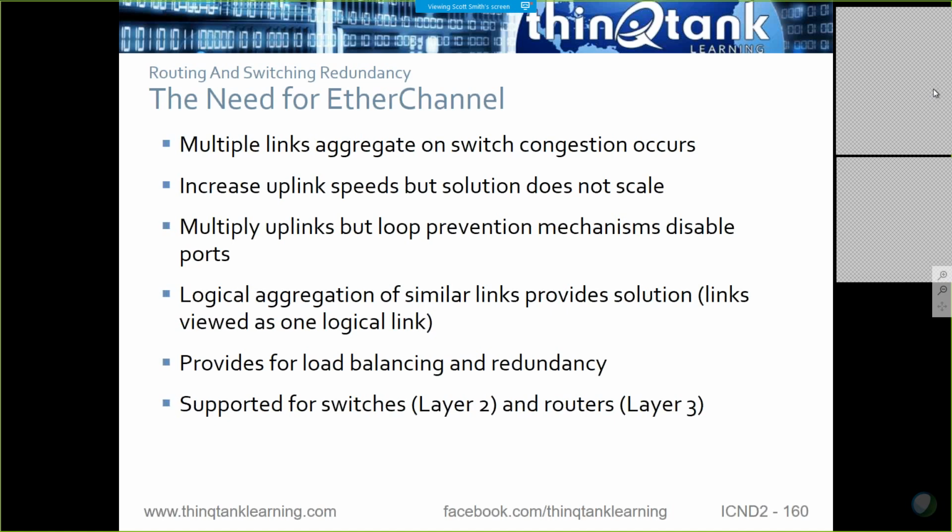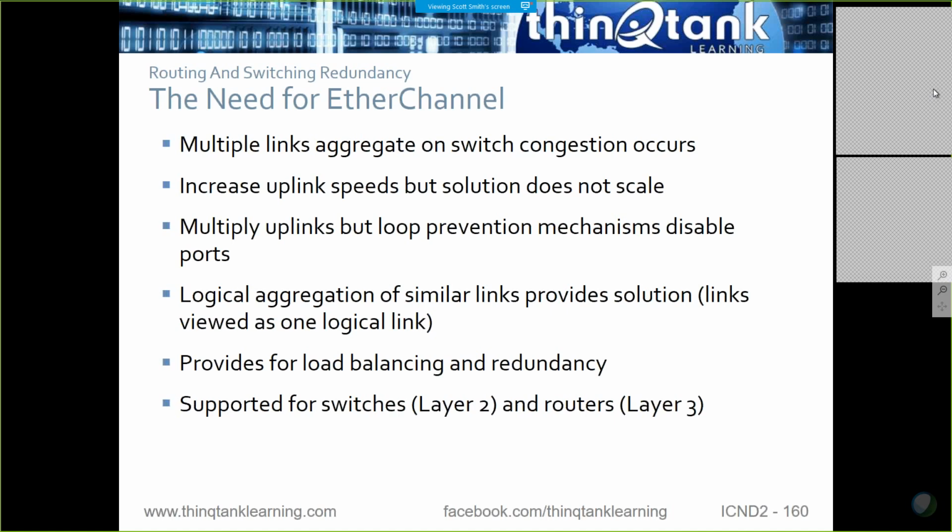This provides for two things. It provides for additional speed because now we can load balance across those links. But it also provides for redundancy, because if one of those physical links fails, we still have other links in the bundle that are still functioning. And you can create these ether channels at layer 2, or at layer 3.